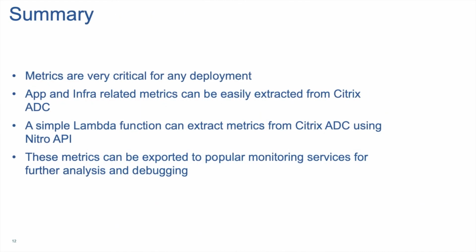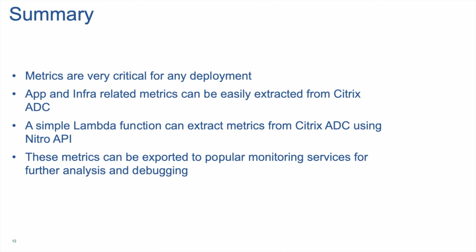So in summary, we saw how critical metrics are for any deployment. We also saw the different types of metrics that can be extracted from the ADC, and we also saw how easy it was to extract metrics using Nitro APIs. And the entire package can be formed into a script that can run in a Lambda function, which would extract metrics from one or multiple ADCs at specific intervals, which is fine-tuned by the user.